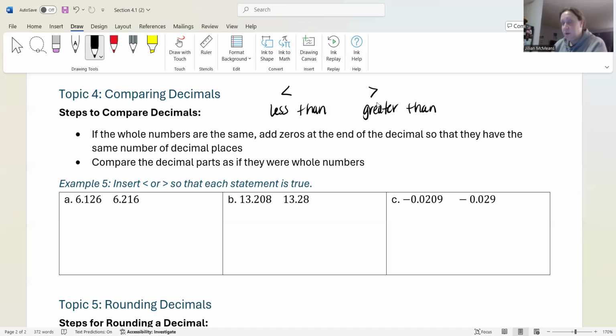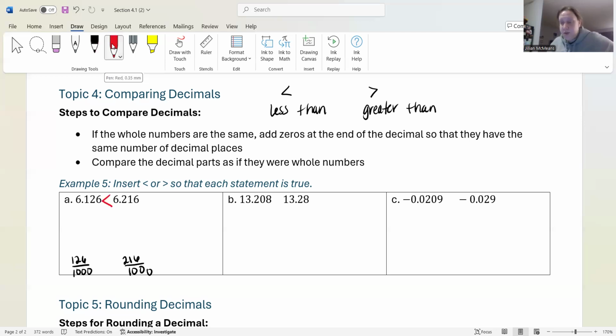And remember, if the denominators of fractions are the same, all we have to do is compare the numerators. So technically, what we're comparing is 126 thousandths to 216 thousandths. Well, which numerator is bigger? The 216 is bigger, so we would say, let me do this in red so it's really, really obvious. We would say 6.126 is less than 6.216.